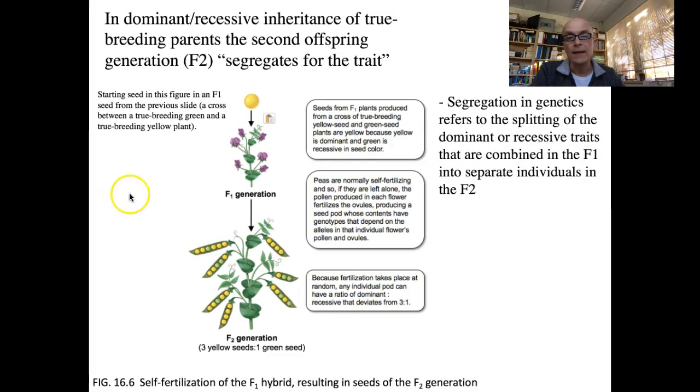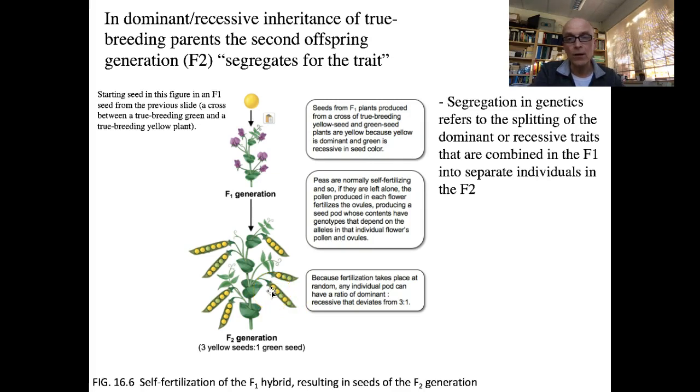And then we have the segregation in the next generation, starting with the F1 generation seed, so this is an F1 seed from the previous generation, right? When you take the F1 plant and look at its offspring, it will now start to show the phenotype from the grandparents again.